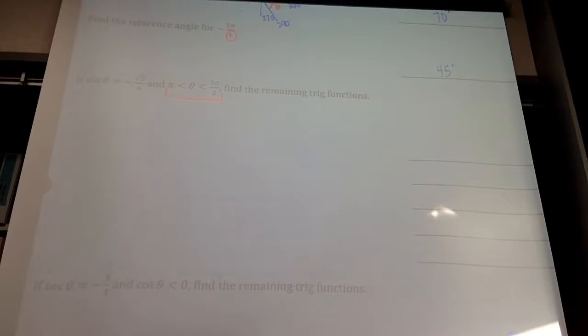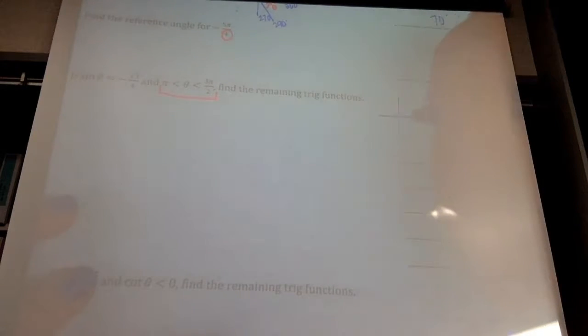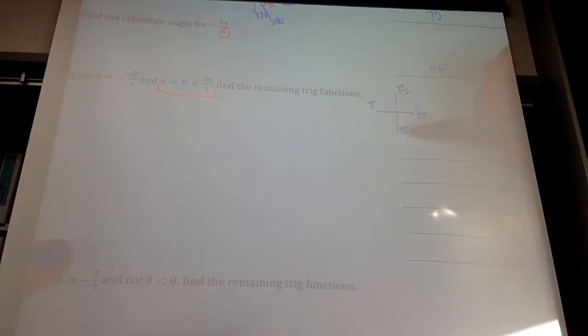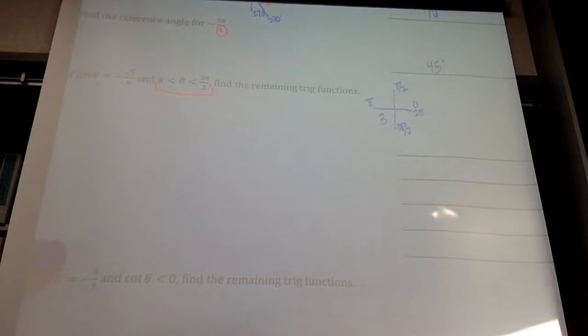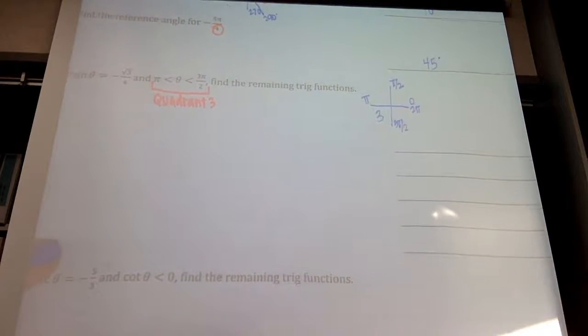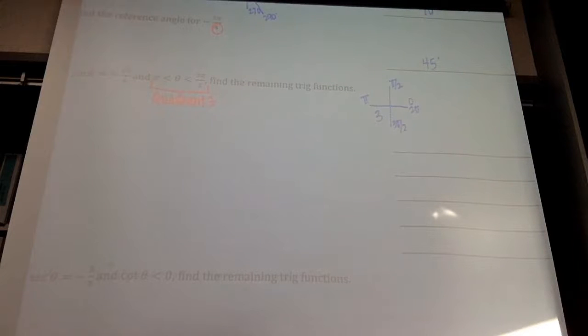If you remember our unit circle, we have pi over 2, pi, 3 pi over 2, and 2 pi, which is 0 also. So if my angle measure is between pi and 3 pi over 2, then it's in quadrant 3. Okay, so now at this point, what I typically do with these is I draw them actually in that quadrant.